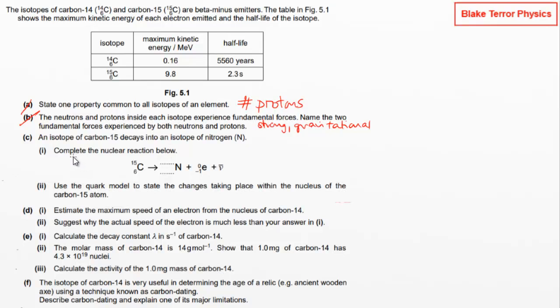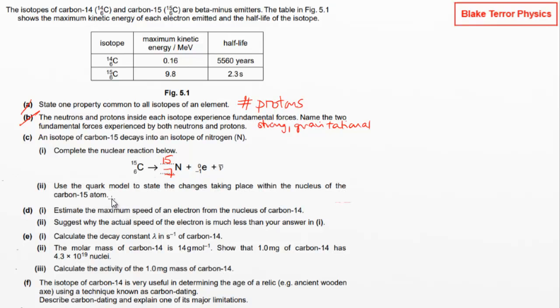An isotope of carbon-15 decays into an isotope of nitrogen. Complete this nuclear reaction below. Right, well, they've given us pretty much everything, so all we have to do is make the numbers add up. So we're going to have a 7 there, well, A to make it nitrogen, and B to make the proton numbers add up down the bottom, get our charge all adding up, and then at the top, we're going to have a 15 to get our nucleon numbers adding up.